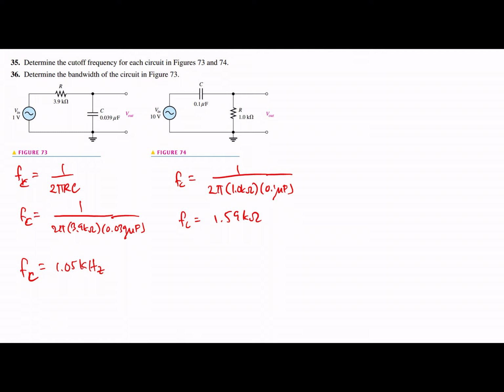What about the bandwidth for the circuit in figure 73? We know that this type of circuit is a low pass filter. Why?